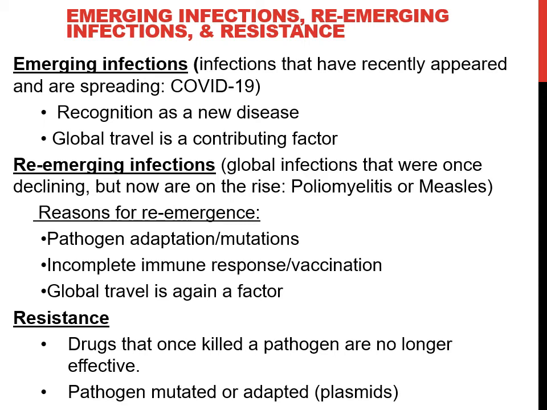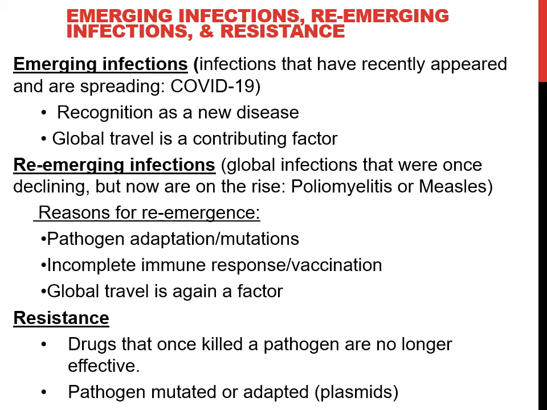Okay, and what defines an emerging infection is it's recognized as a new disease in humans. And part of the ability of an emerging infection to create a pandemic, say, is global travel, right? The ease with which we can travel around the world spreads infections very easily, okay?